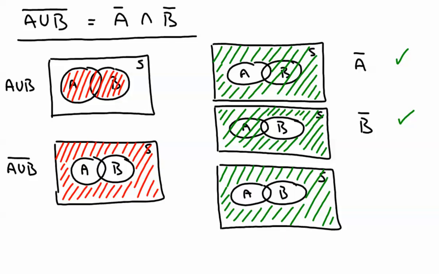A complement intersects B complement in all of those places where the elements are in the universal set S, but not in either A or B. And then we can notice that these two Venn diagrams are identical. So we've used the Venn diagram approach to show that A union B complement indeed equals the intersection of A complement and B complement.